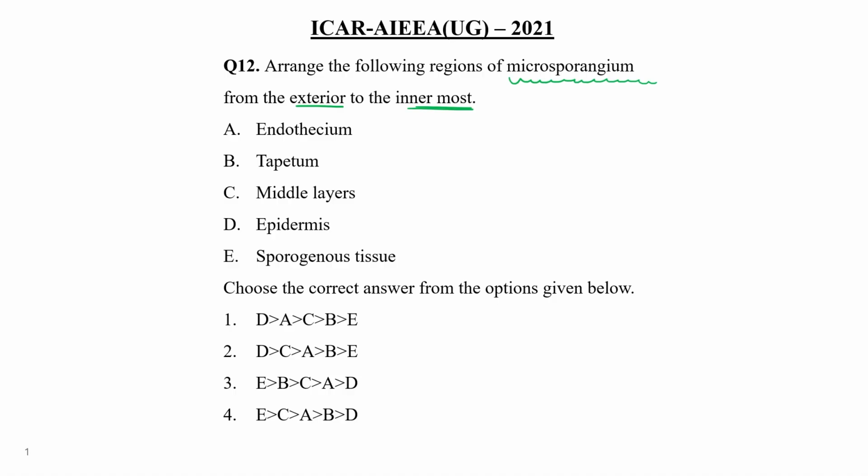So arrange the following. They have given us several layers like endothecium, tapetum, middle layer, epidermis, and sporogenous tissue, and we have to arrange them from the exteriormost to the interiormost arrangement.